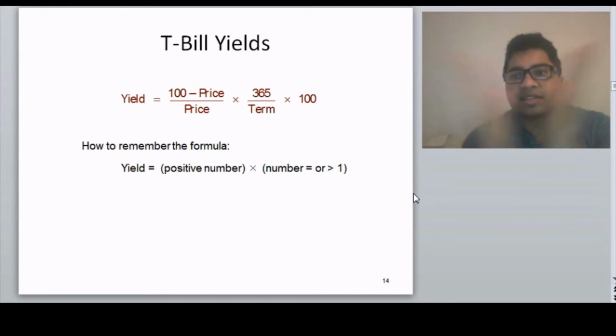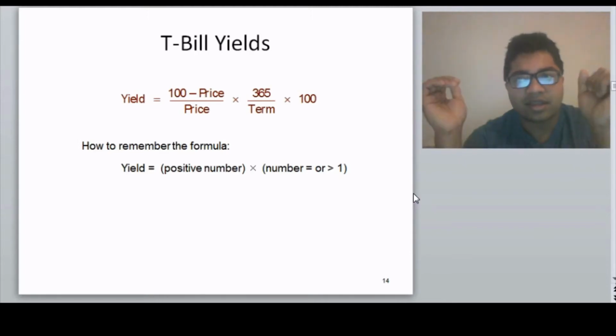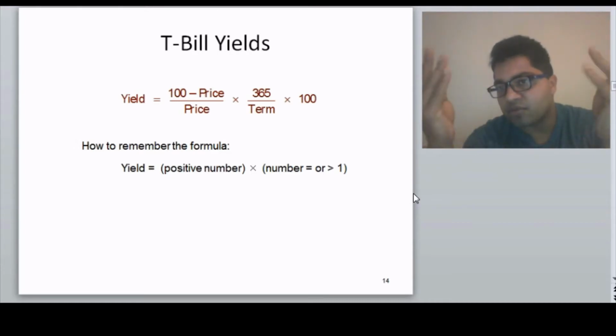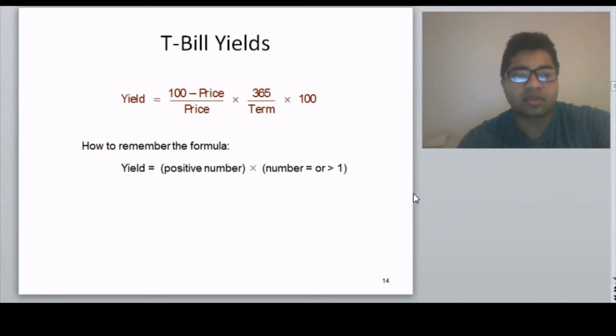For example, let's say you buy a 180-day T-bill at 96. So what is your gain? You have paid 96, but you're going to get 100 when it matures. So the difference, that is $4, is your gain. Okay. So they pay no coupons. The interest rate is built into the price.